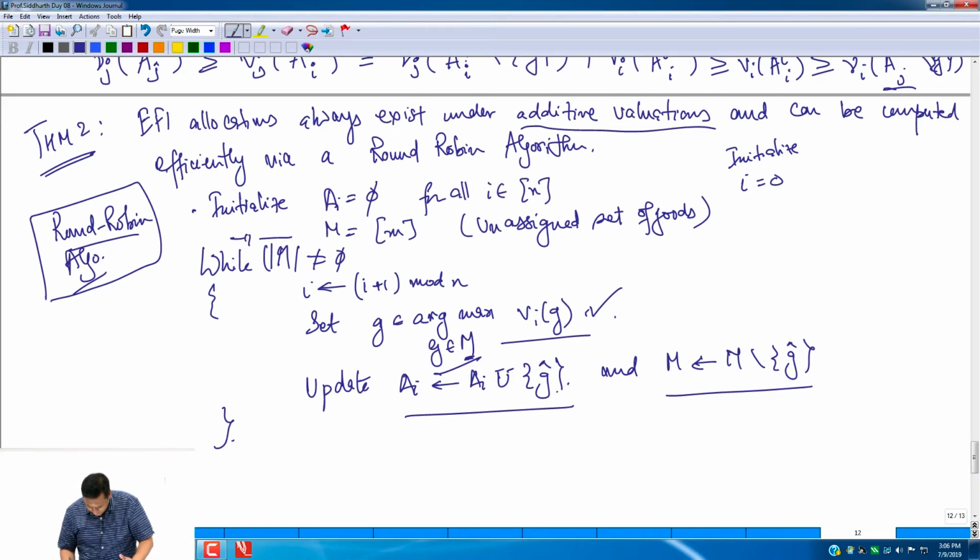You want me to do this, huh? Okay, here you go. Correct piece of pseudocode. You just do mod n. So it will keep circulating through all the agents 1 through n.